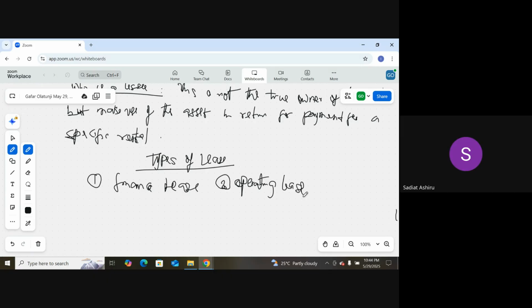It is the lessor, the owner. So everything needs to be stated in the agreement, because you cannot transfer the risk.